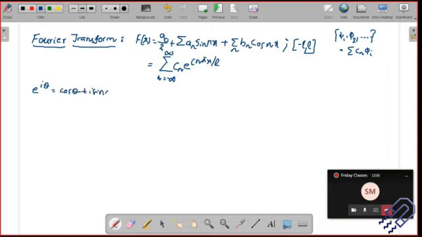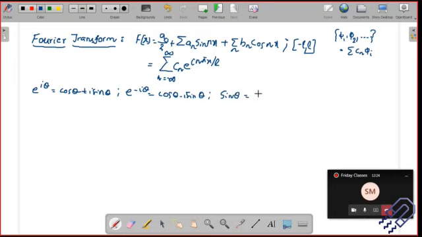And then we have got e to the power minus i theta, which is cos theta minus i sine theta. And then we can write down what sine theta is in terms of e to the power i theta, right?